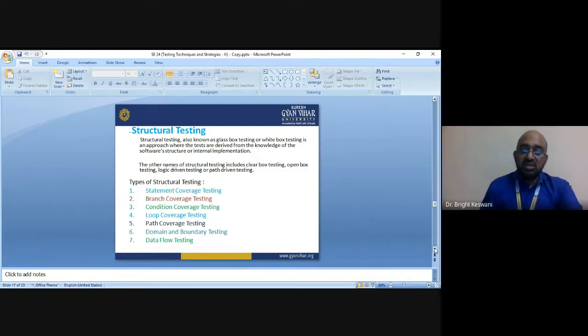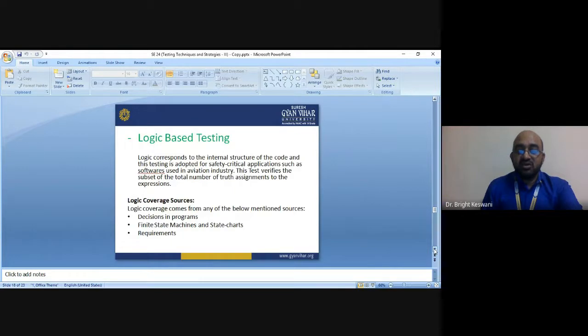Okay, so these are the various types of white box testing. Now we will discuss logic based testing.